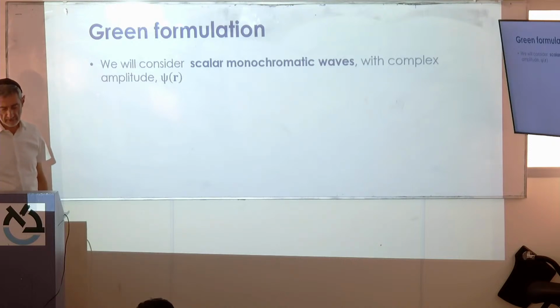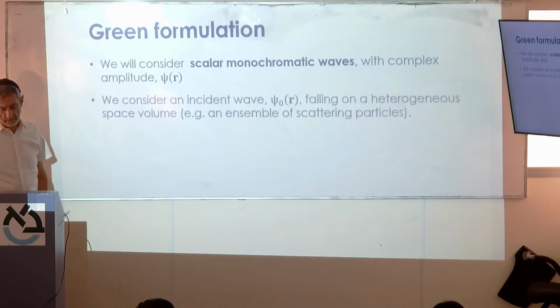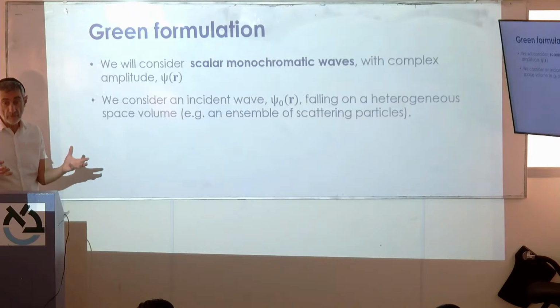That's my scalar wave. We consider an incident wave psi 0 of r falling on the heterogeneous scatterer. It can actually be several particles, but we consider the volume of scatterers.